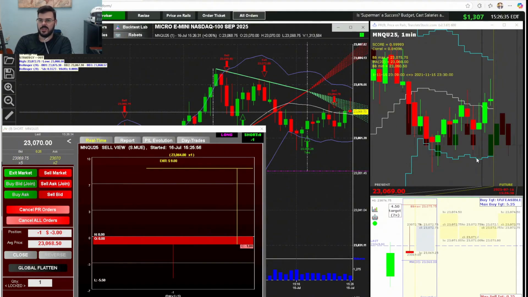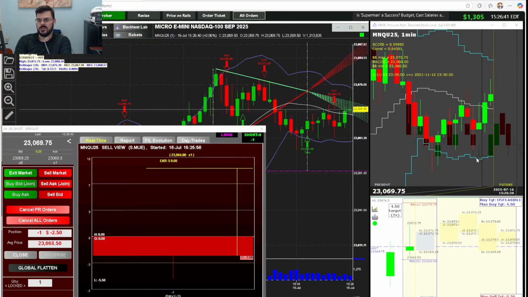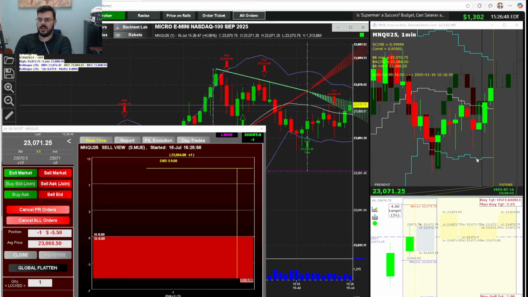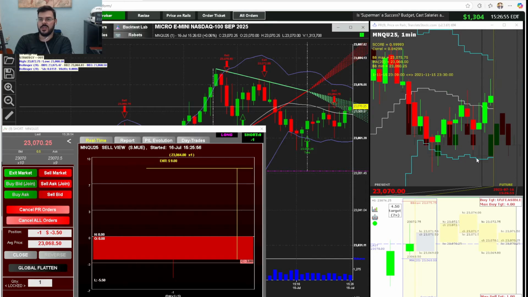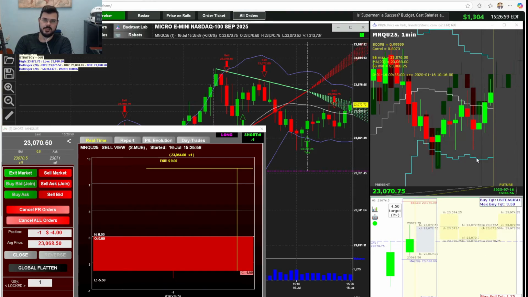Next entry, if I need to go with an averaging down, let's say that I'm wrong, the Price on Rails predictions are wrong. On average, it is right 3 out of 4 times, 75% of times. But if it's wrong, you can make a new entry on the Bollinger Band, the upper Bollinger Band.